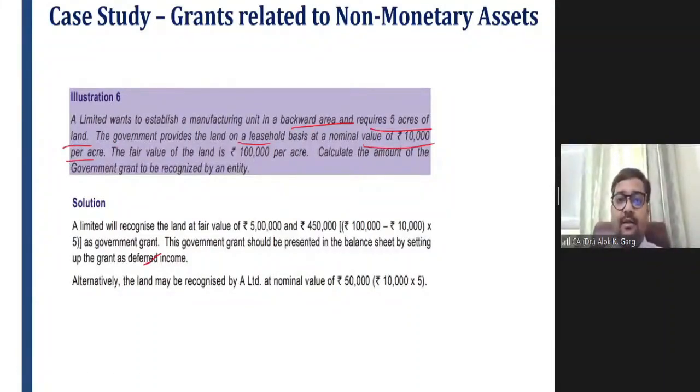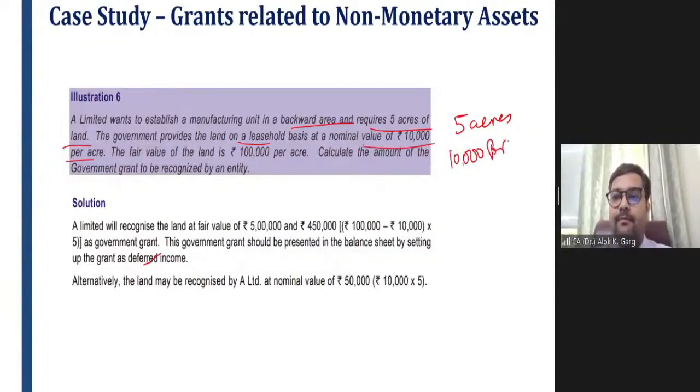So the company is operating in a backward area and requires 5 acres of land, and the government is providing these 5 acres at 10,000 rupees per acre. The fair value of the land is 1 lakh rupees per acre.